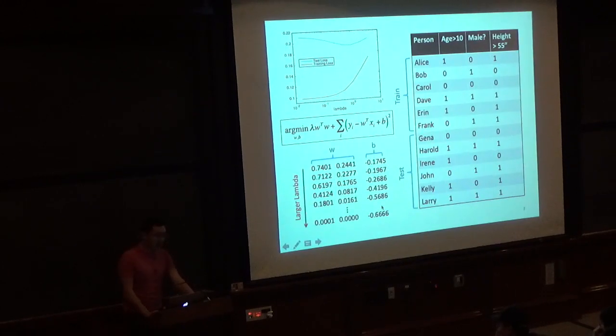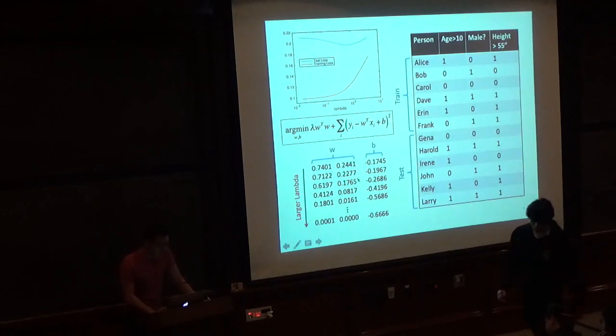And we could also plot the training and test loss of these different W's. Excuse me, this is 10 to the minus 2 to about 10 to the 1. It's a small training set, of course.